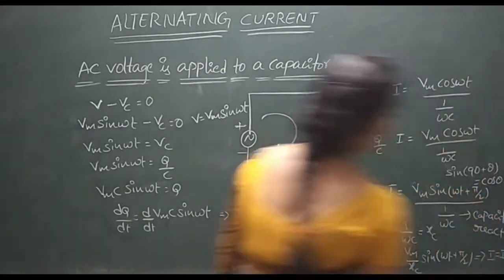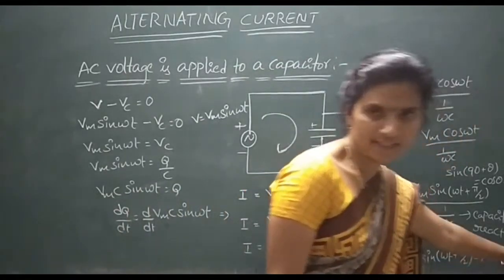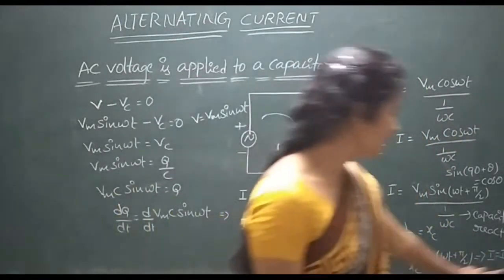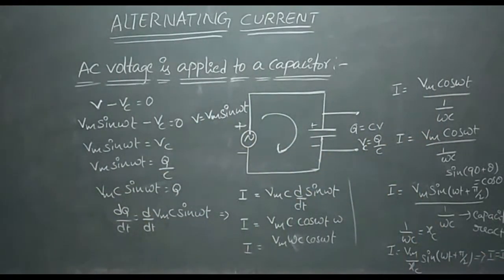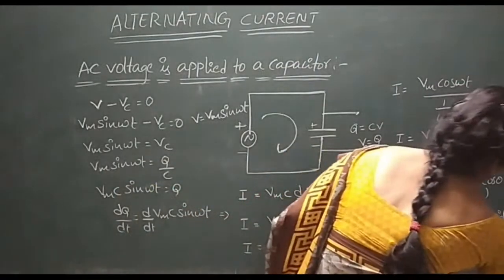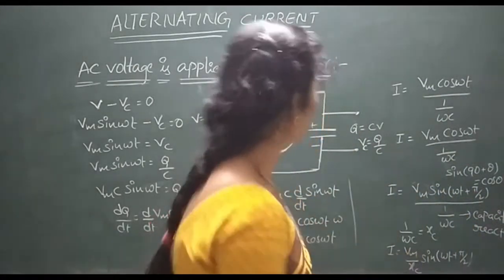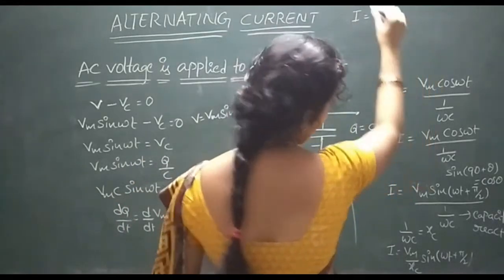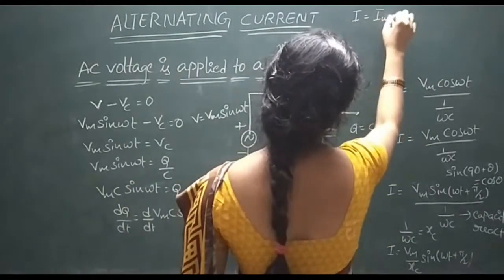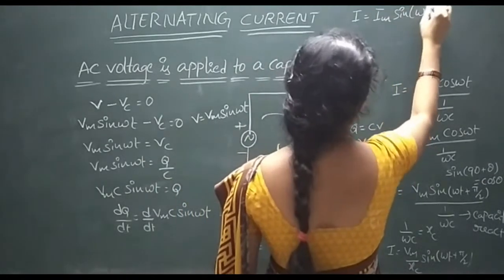So here the current leads the voltage by pi by 2 radians. Vm by Xc can be written as Im, so I is Im sin of omega t plus pi by 2.